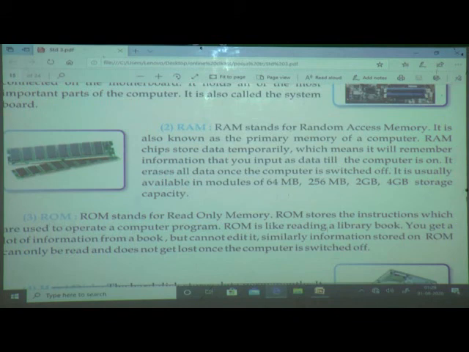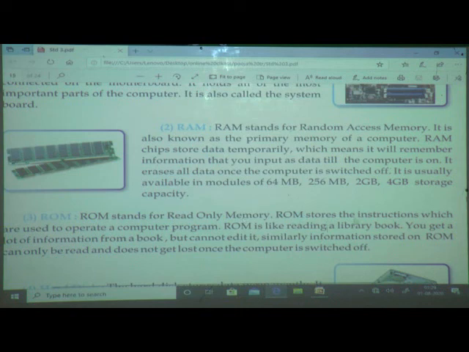ROM is exactly the opposite of RAM. ROM means read only memory. We cannot make changes in it, we can only read it.